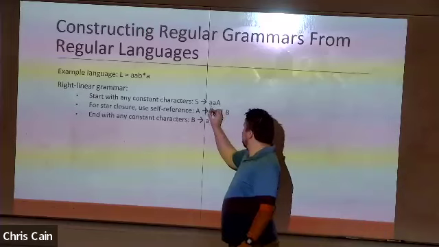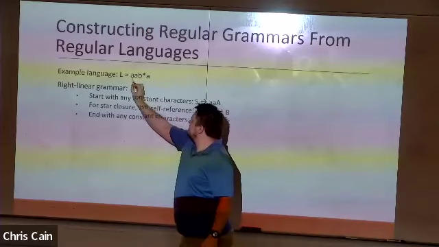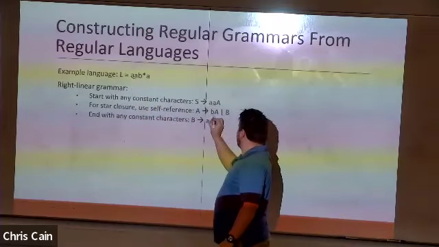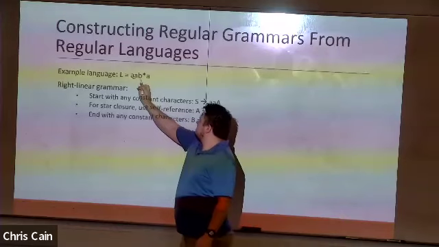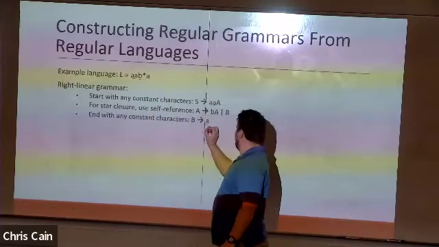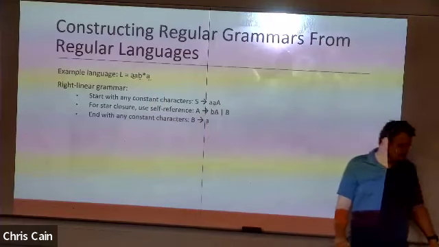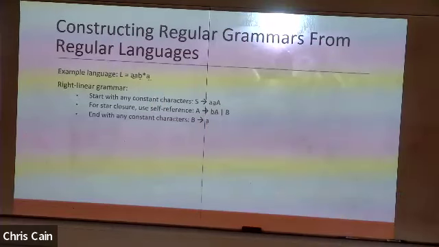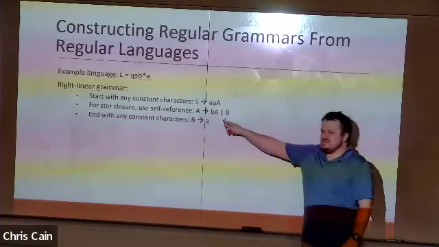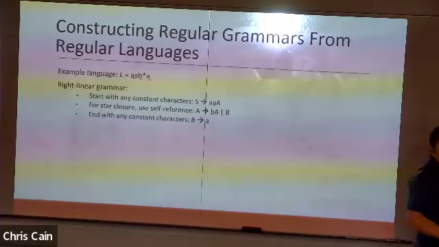So this represents that. This represents that. And this represents that. So whenever you see star closure, there's going to be self-reference in a production and a grammar.